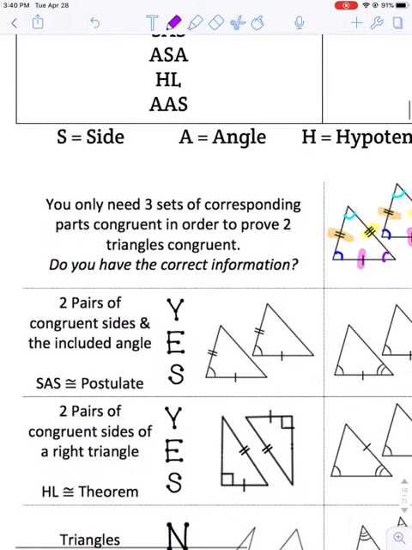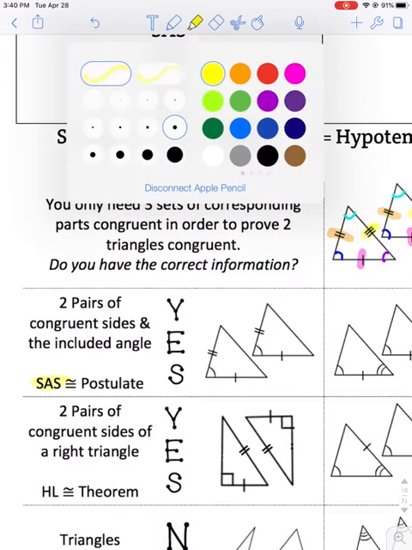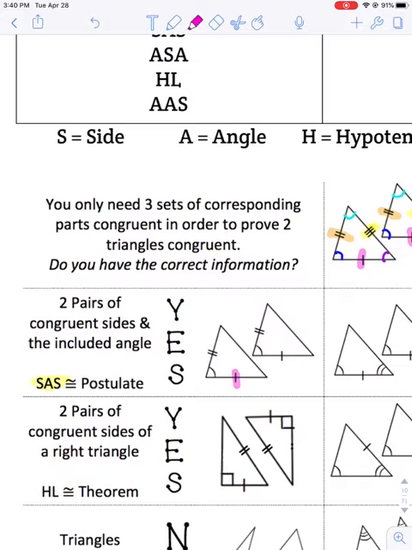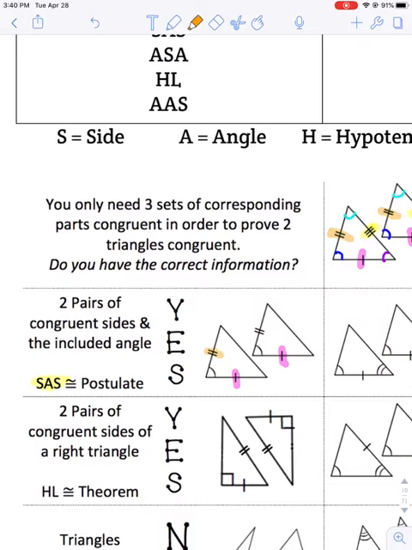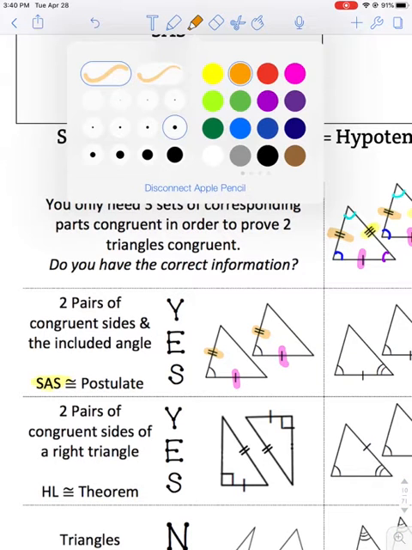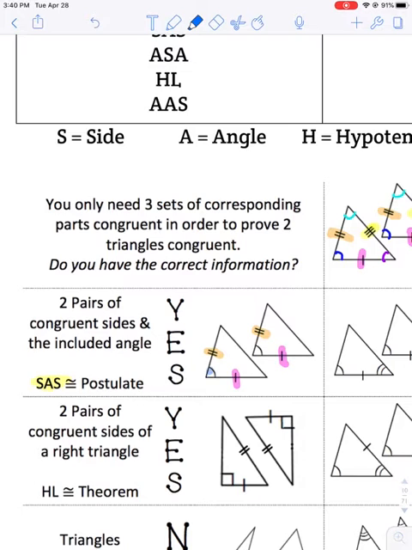All right, so we've done side, side, side. The next one that we're going to look at is side, angle, side. So this means that we have this pink side of the two triangles are the same, and this orange side of the two triangles are the same. We don't know that the third side is the same or not. We don't have the information about it.